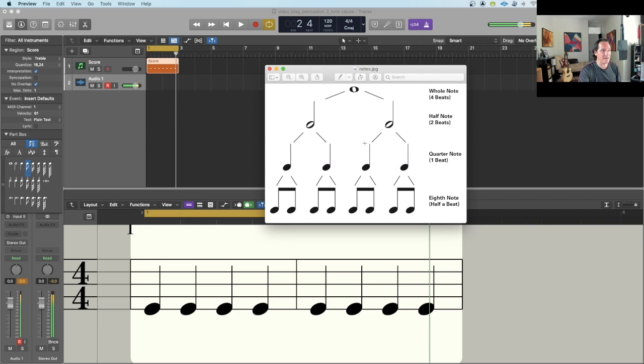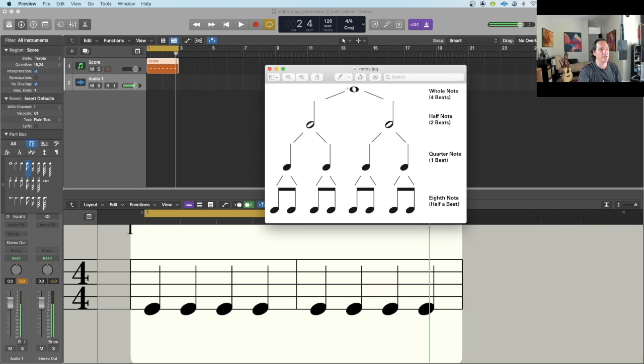If I split that in half and said, actually, I just want to play 2 notes during this bar, then of course it would be 1, 2, 3, 4, 1. Notice how I'm only clapping on 1 and 3 because we're using half notes there.